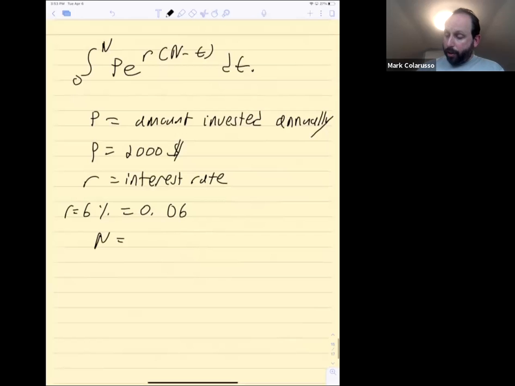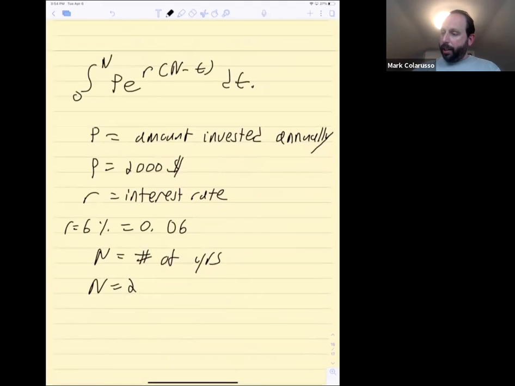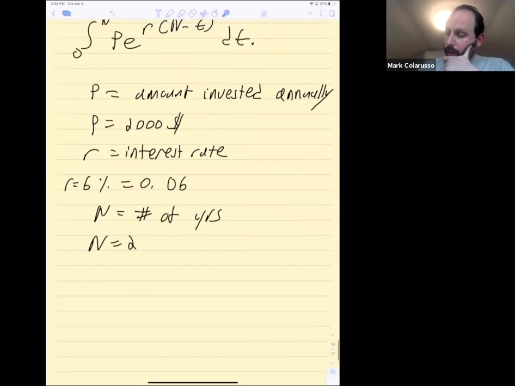And capital N is the number of years that we're interested in investing the money for. In this case it's 2. So the integral we're going to get to estimate the amount at the end of 2 years is the following.